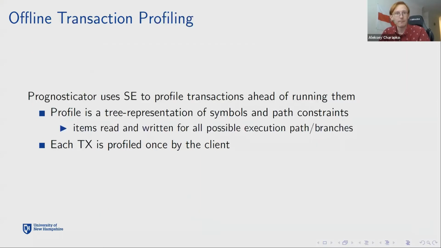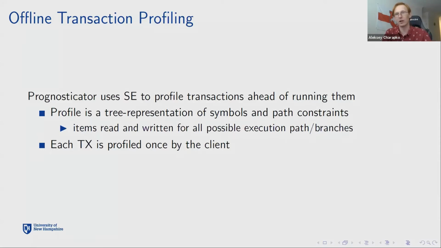Yeah, I'm not going to go into a lot more details. They talk quite a lot about the symbolic execution and the optimizations they do with their profiling tool. But the basic idea is that they take this symbolic execution and reconstruct the symbolic results of the transaction, and they call this a profile.